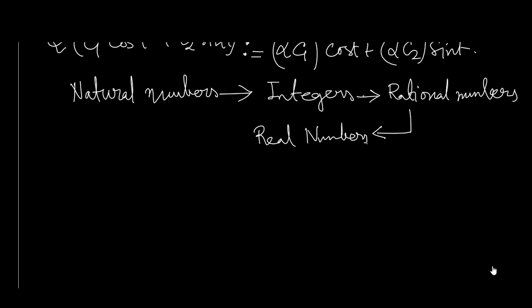Because I want to impart a thought process inside you: when we are trying to form the axioms of a vector space, the axiomization of a vector space, what would it bring to us?